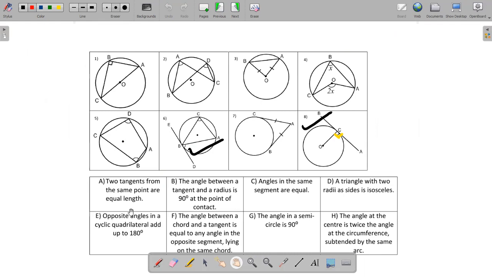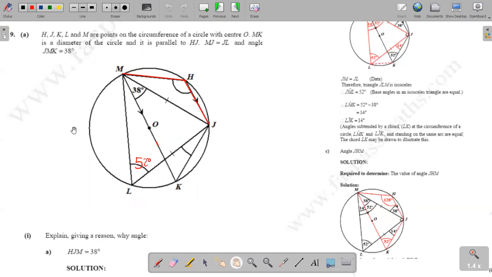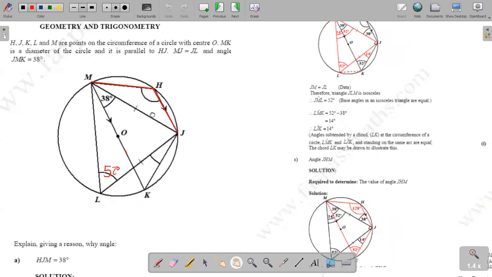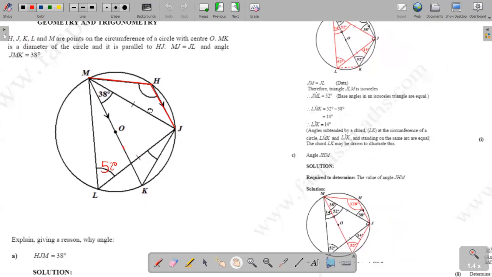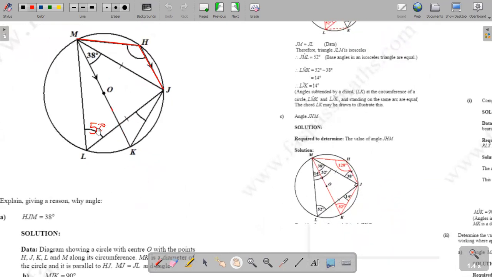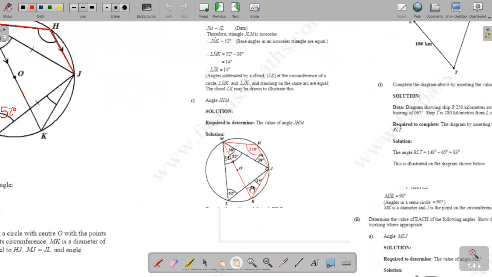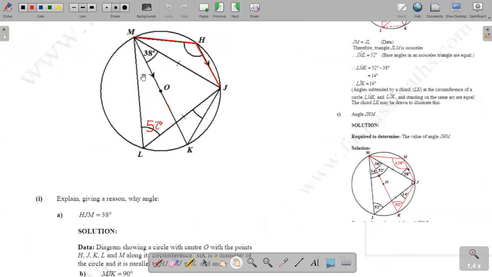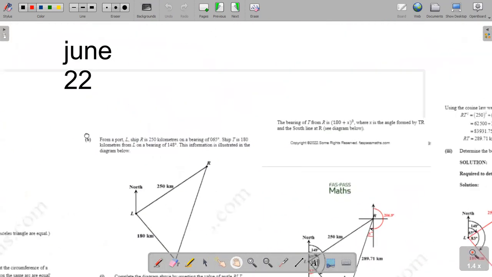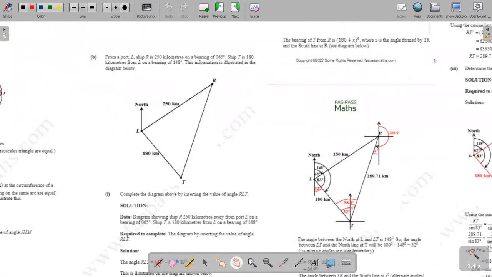You see how you just got to remember the rules? If you don't remember the rules, there's nothing you could do. So H is just simply 180 minus 52, which is 128. Look at here. Everybody see? You could either use this quadrilateral, you see which one they use, or you could use this one that we have here. Same thing. All right, next one, bearings.